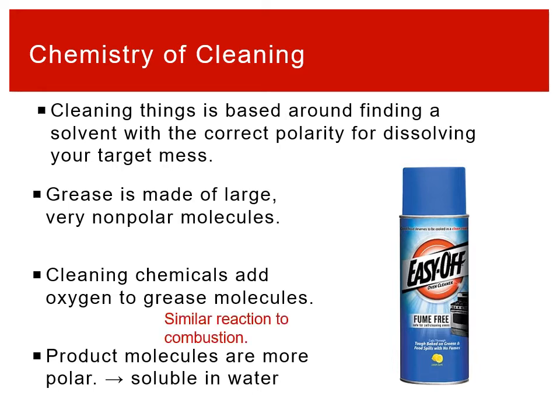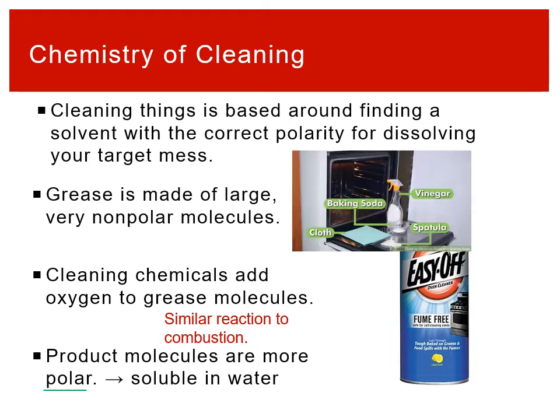This is a similar reaction to combustion. It's an oxidation process, a reduction oxidation process, where you're adding in oxygen. So you take these big hydrocarbon molecules, and all of a sudden you decorate them with oxygen. That means they're more polar, which means they are more soluble in water. All of a sudden you can wipe them off.